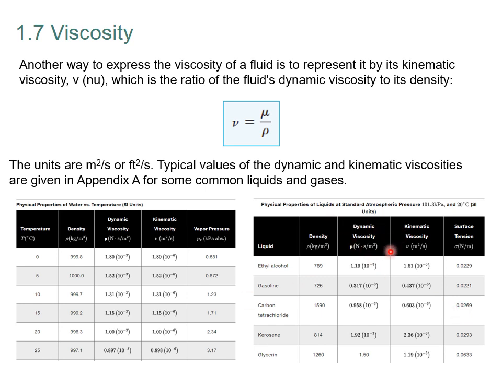This other table is for different liquids. So he gives a table for water at all kinds of temperatures, and he also gives it for different liquids at standard atmospheric pressure and temperature.